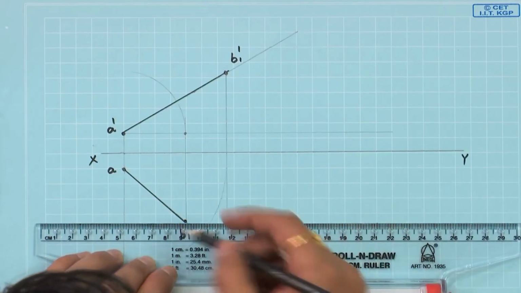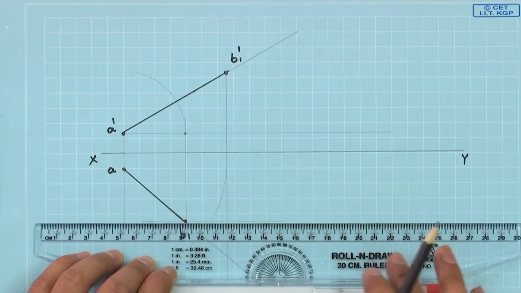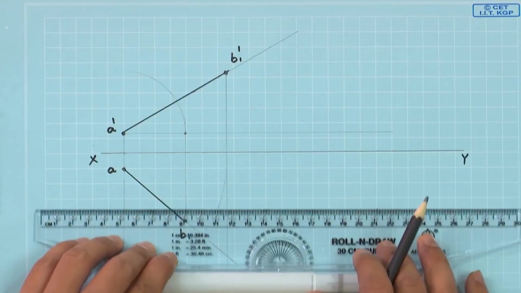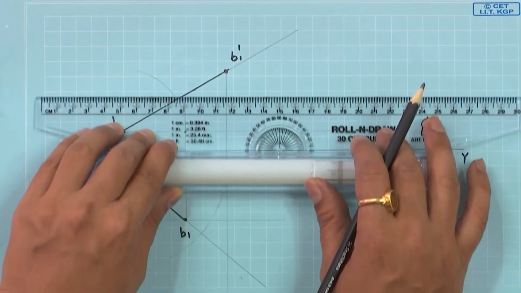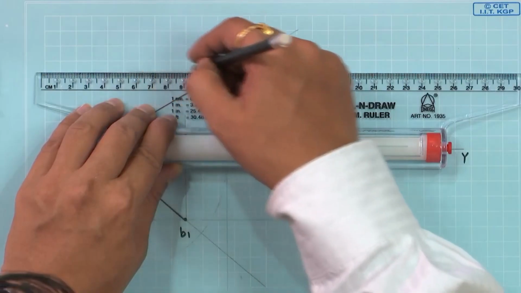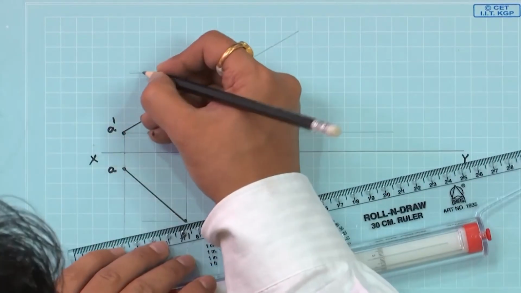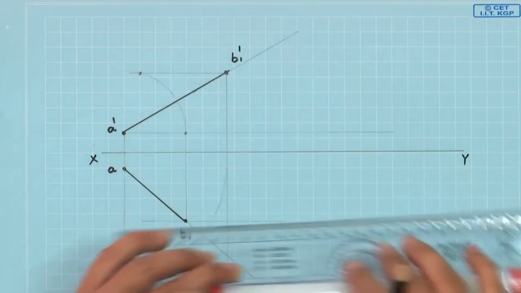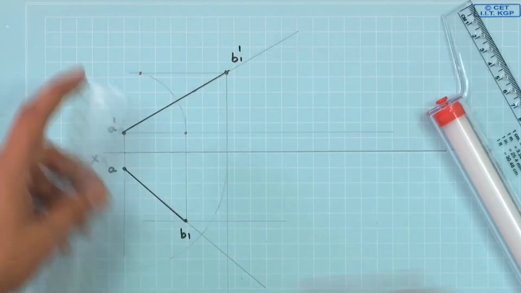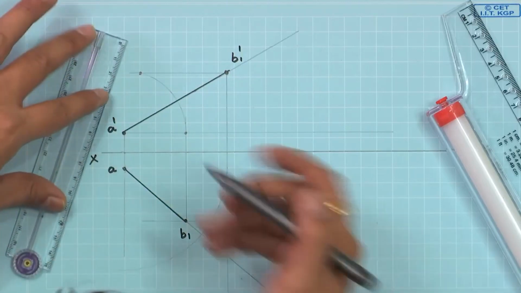This must be the true line, extend it in that way. From B1 prime we have to do the same, and similarly mark arcs which are going to intersect. This one will be intersected there, join this line.